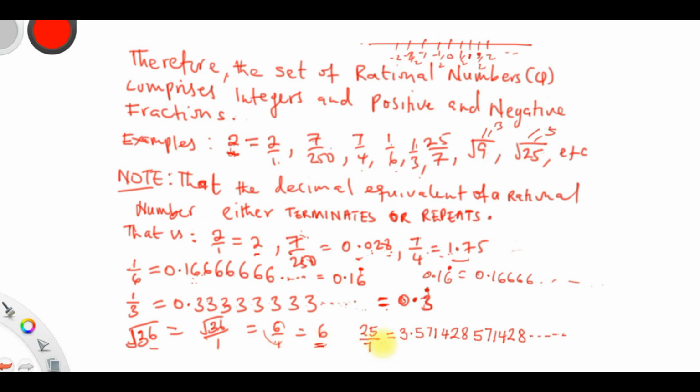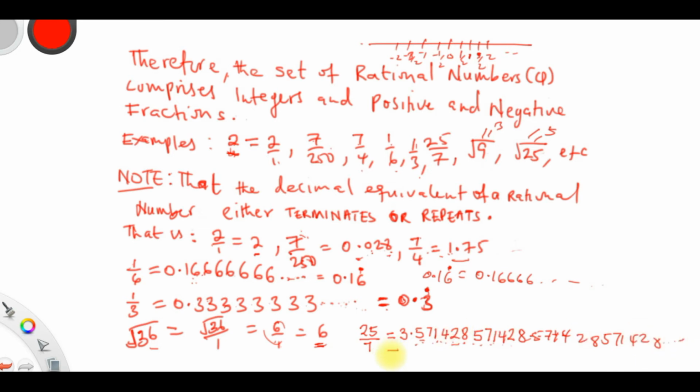If you look at this number, 25 over 7, what do you get? If you use your calculator to punch this, you get 3.571428. Then 571428 repeats again, and again, up to infinity.